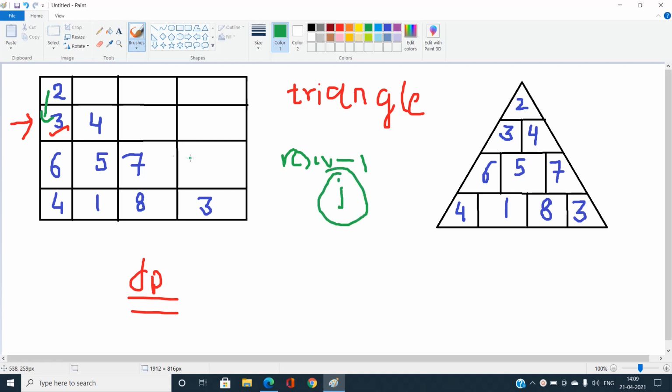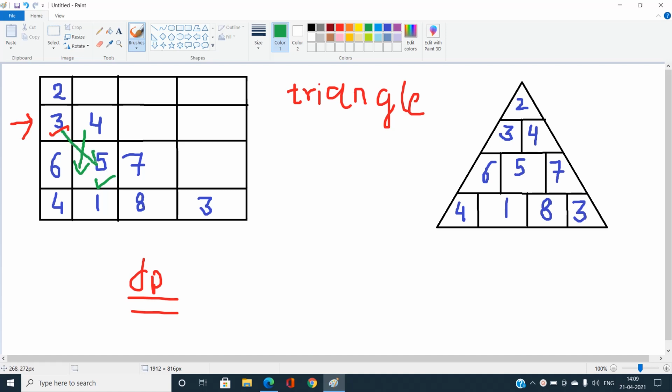If I'm just talking about this 3, what about, say, this 5? How can we come to this 5? We can come to this 5 from the row just above this row, that is i minus 1, with the column remaining the same. And there is one more chance that we can come to this 5, and that is from 3.